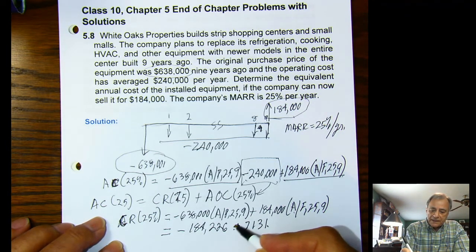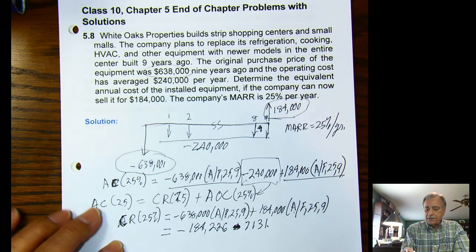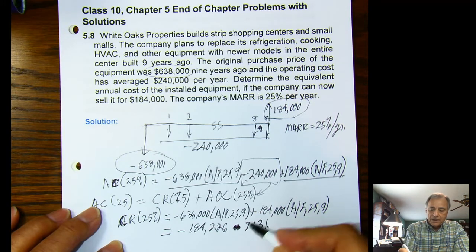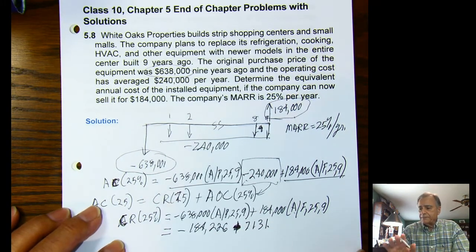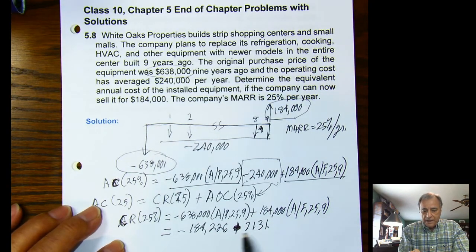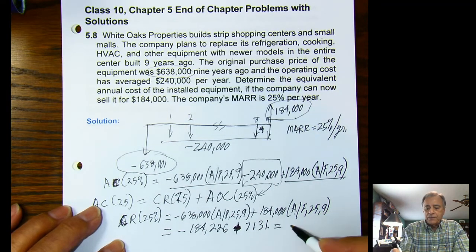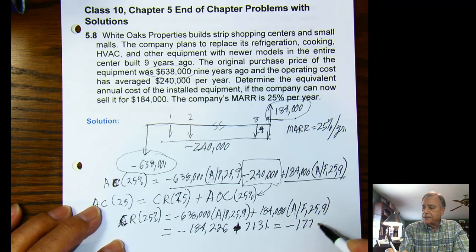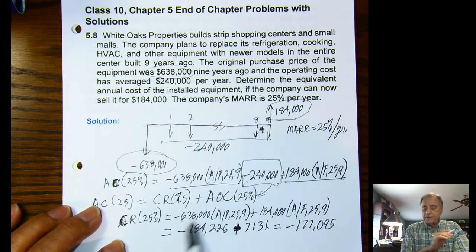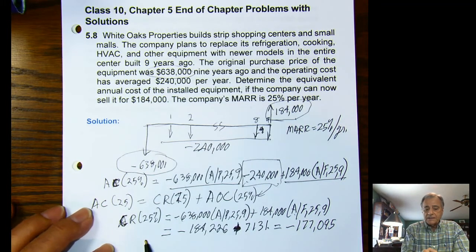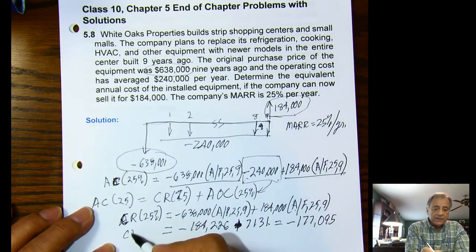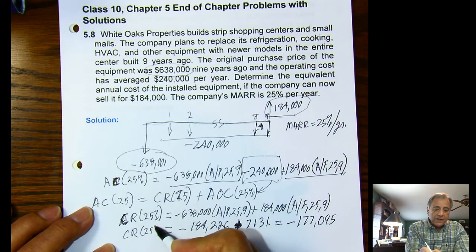It is a plus sign. So when I add this to this negative, I get equal to minus $177,095. Because that's a positive salvage value, that's a negative cost. That's the cost of capital recovery at 25%.